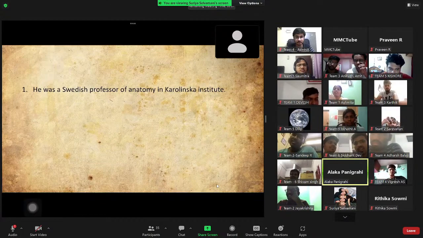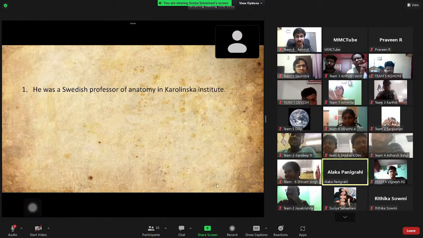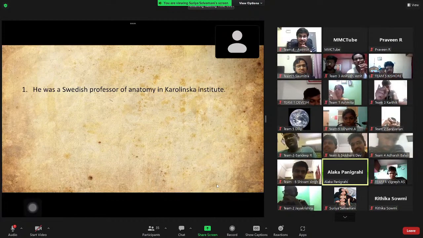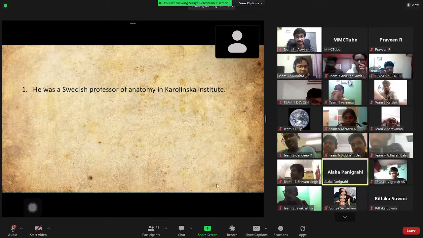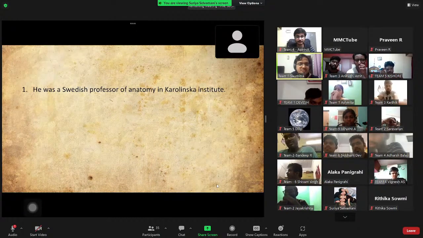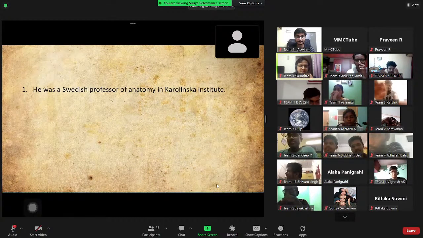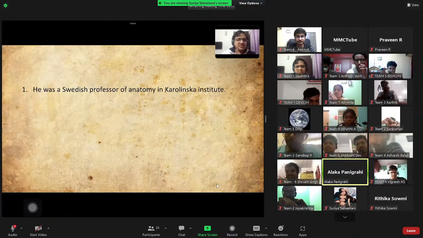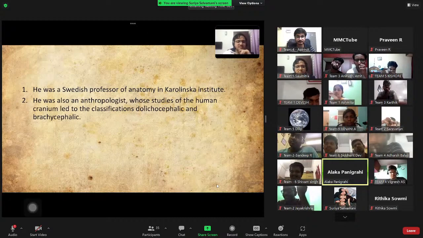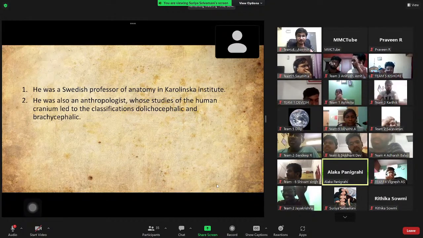So he was a Swedish professor of anatomy at Karolinska Institute. Next clue. He was also an anthropologist whose studies of the human cranium led to the classifications dolichocephalic and brachycephalic.